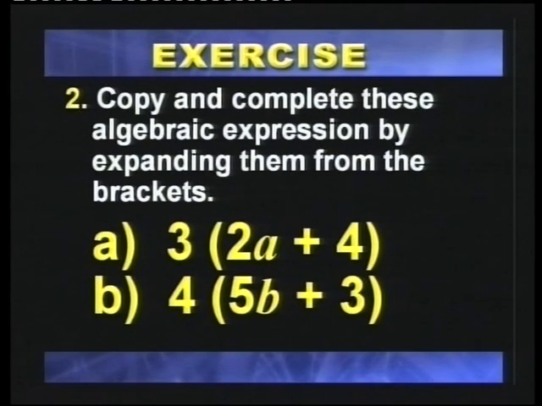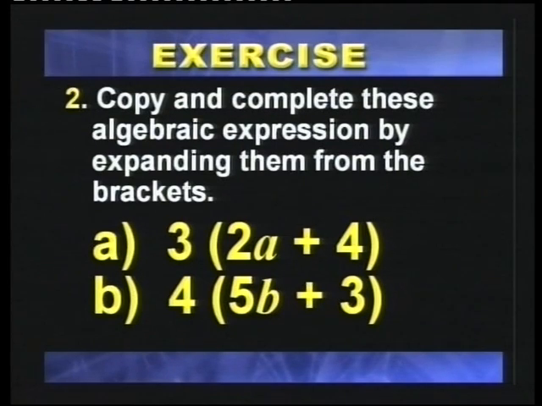Exercise 2, you are to copy and complete these algebraic expressions by expanding them from the brackets. You have 2. 3 bracket 2a plus 4b, 4 bracket 5b plus 3 bracket. Expand those terms within the brackets with the one outside by multiplying.